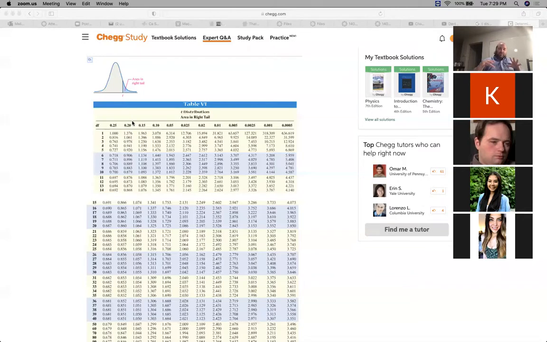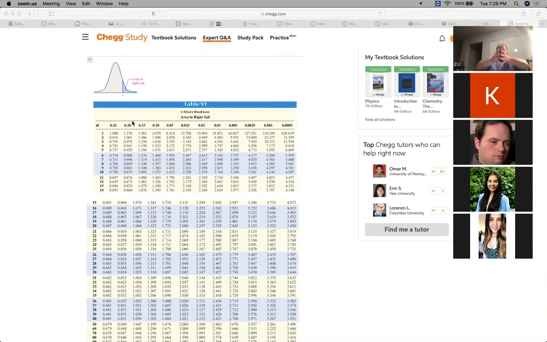And the reason it's like that, without going into too many complex details, is that the T is merely approximating the normal because we don't have sigma. We don't have the standard deviation. What do we use in place of the standard deviation? We use S. S is an approximation because it comes from the sample.